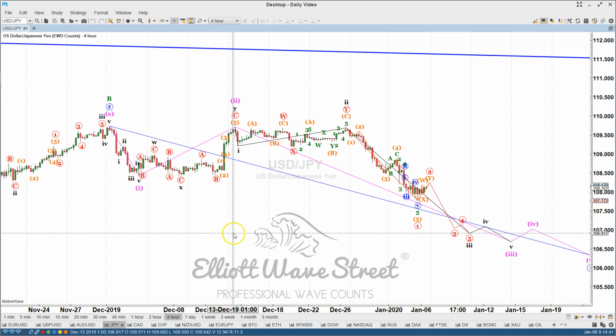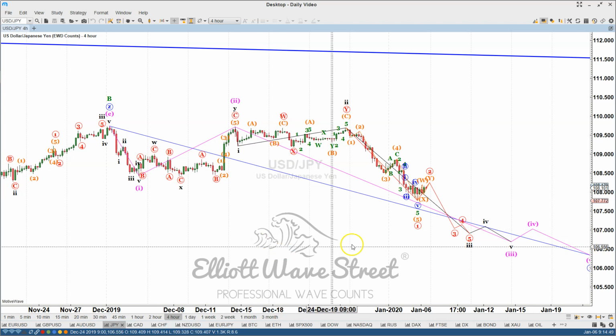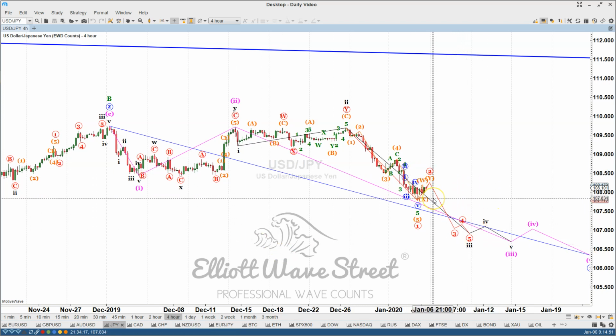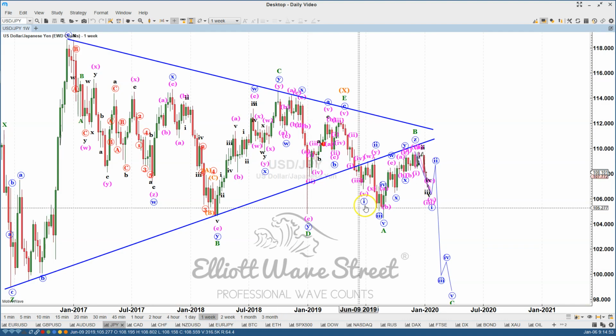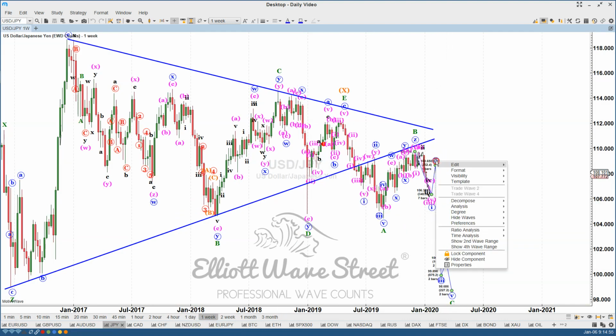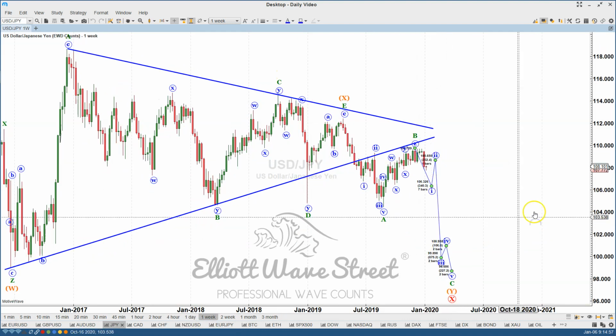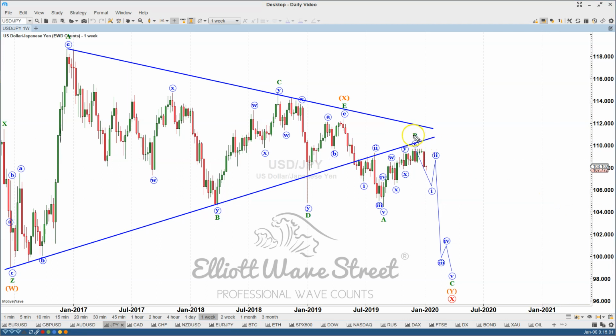Here we have the dollar-yen that has been going down, but the next question is where the price is heading after this drop. Well, let's go to the weekly chart to explain the big picture. This weekly chart shows that finally our B wave is over.